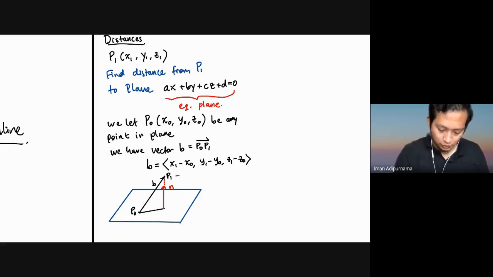And what we need to do is we need to calculate this distance. Okay.